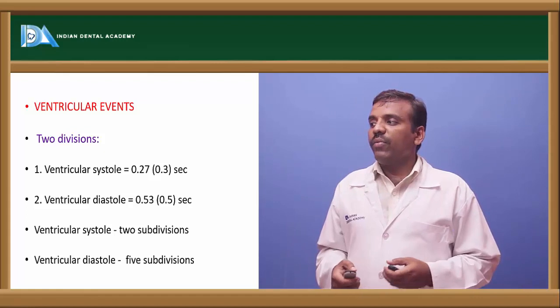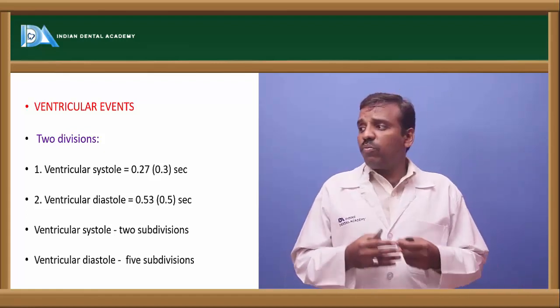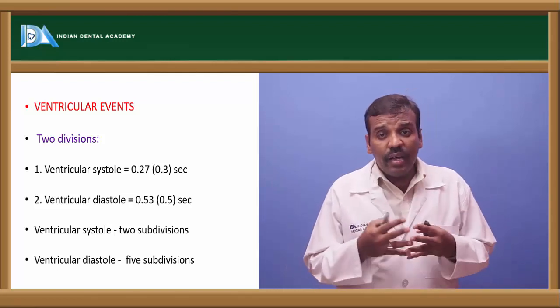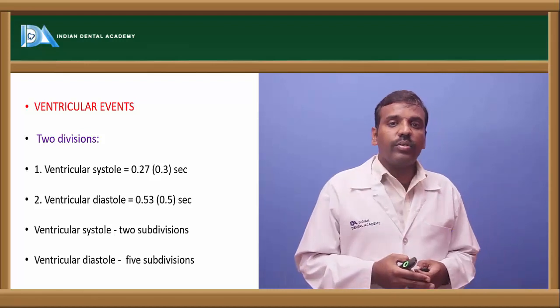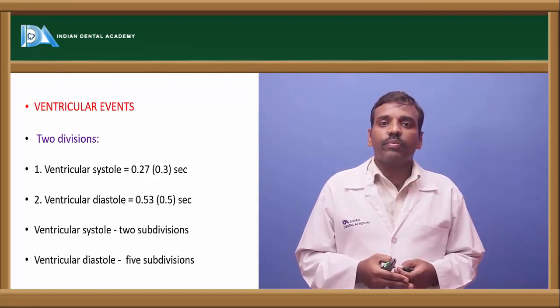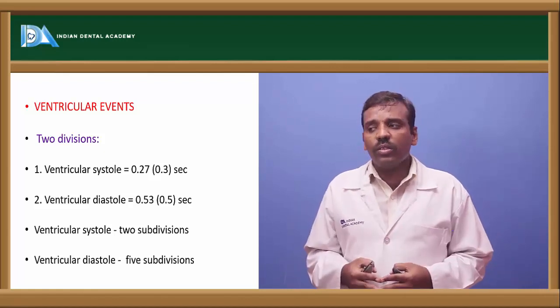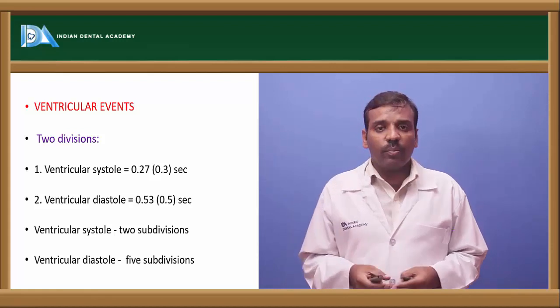The ventricular systole divides into 2 subdivisions and the ventricular diastole is divided into 5 subdivisions.